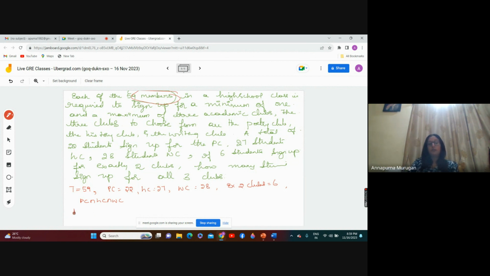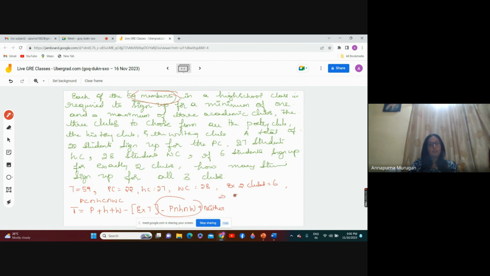Total is equal to P plus H plus W minus exactly 2 minus 2 times P intersection H intersection W plus neither. Neither is 0 here. So we'll shift this to this side and total to this side. Let us equate here.